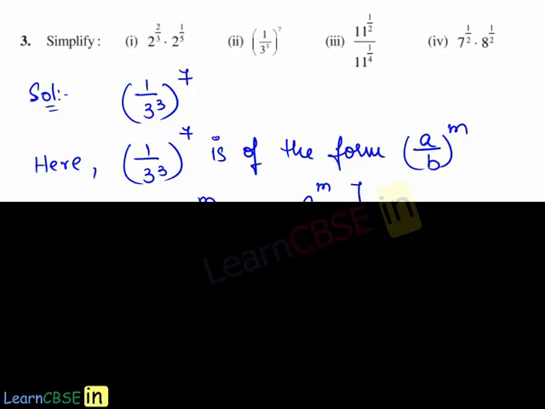Therefore, 1 by 3 raised to the power of 3 whole raised to the power of 7 can be written as 1 by 3 raised to the power of 3 times 7, since a power m whole power n is written as a power m times n. Therefore, 1 by 3 power 3 times 7 is 21.